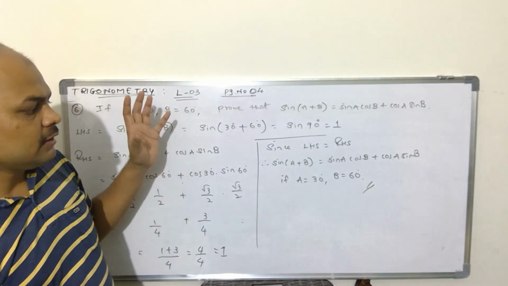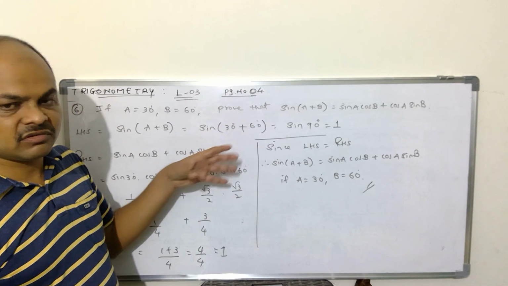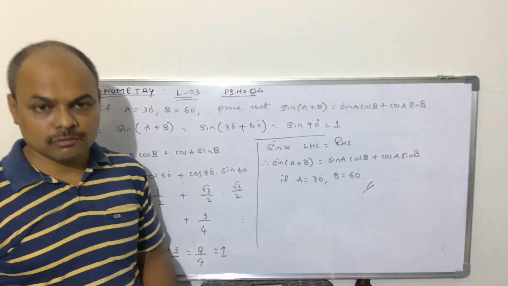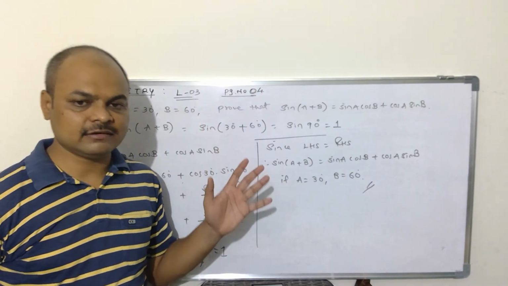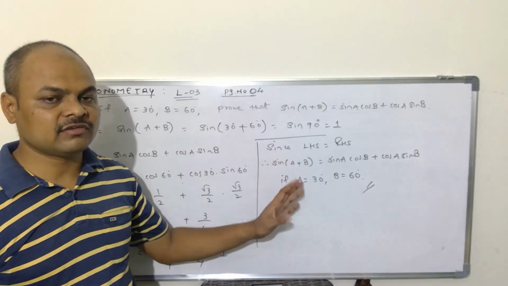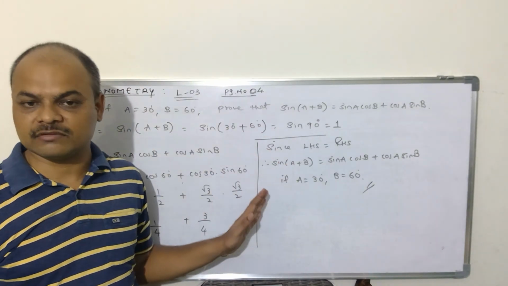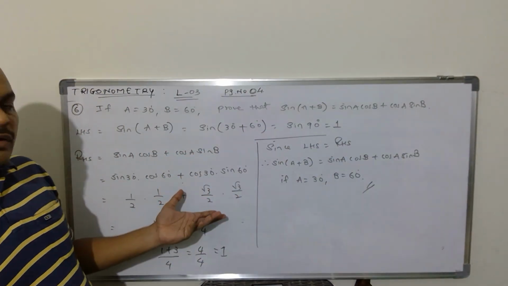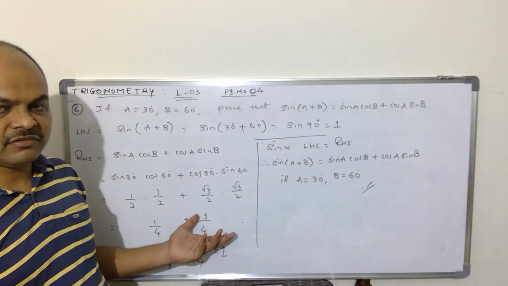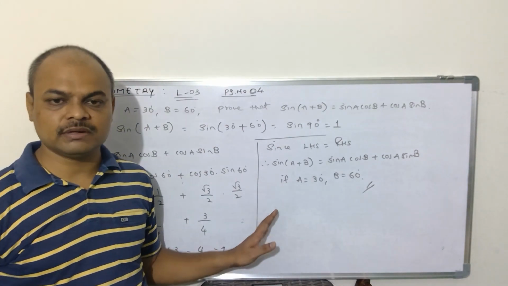Revise this kind of questions again and again. You have got RD Sharma, NCERT textbook, and this lecture. First of all, understand how to solve this question, because this is one of the easiest parts in your syllabus. Just put the values, simplify, that's your LCM, addition, subtraction, simplification, that's it. Nothing extra is to be done.